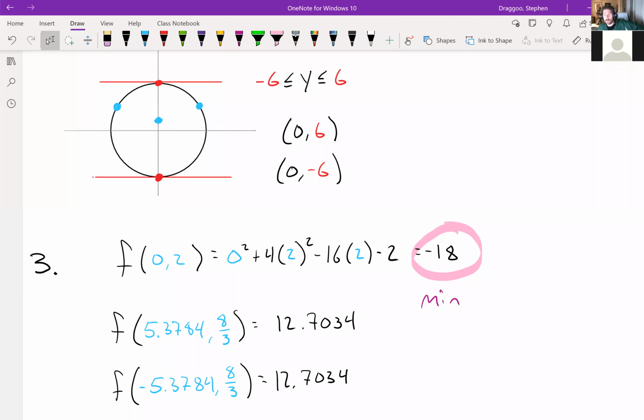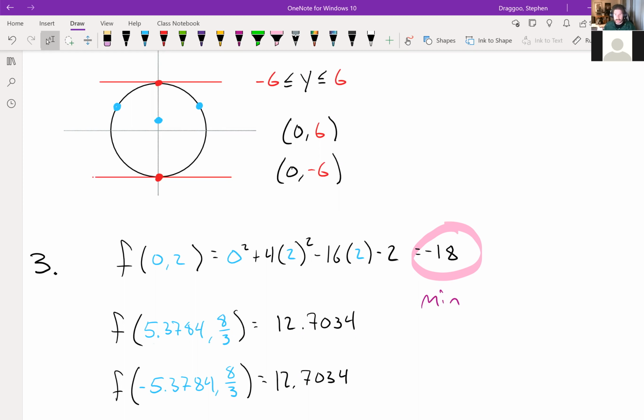But yeah, so back to 6 and -6. Maximum values for y are at 6 and -6 because I cannot go beyond the circle of radius 6 that's centered at the origin. So 6 and -6 are my boundary values for y. I can't go bigger than 6. I can't go less than -6.